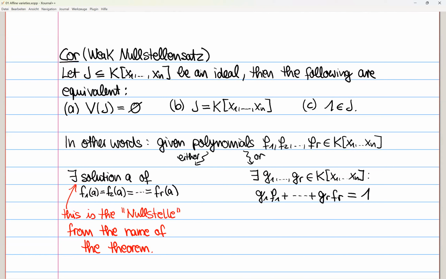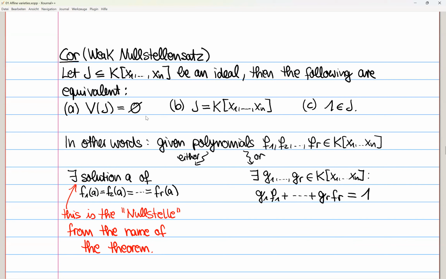Just to see how you obtain this: the fact that an ideal is equal to the full ring if and only if 1 is contained in it is pretty standard. The fact that B implies A is just that the vanishing locus of the entire ring is in particular contained in the vanishing locus of 1. 1 vanishes nowhere, and so this is empty.